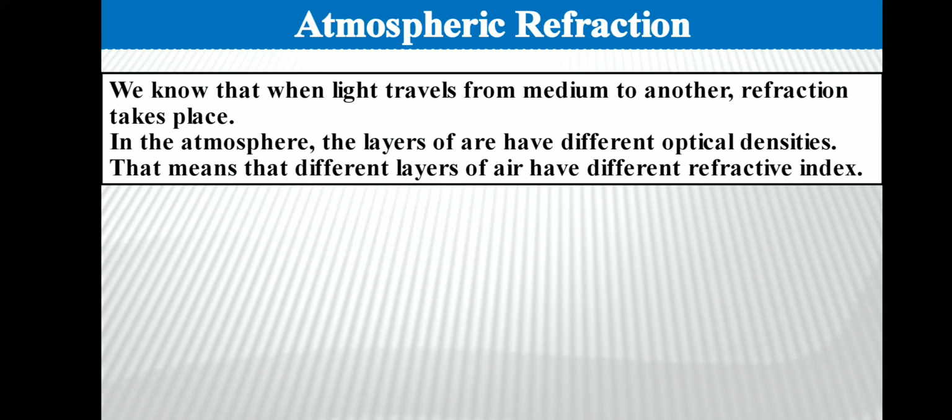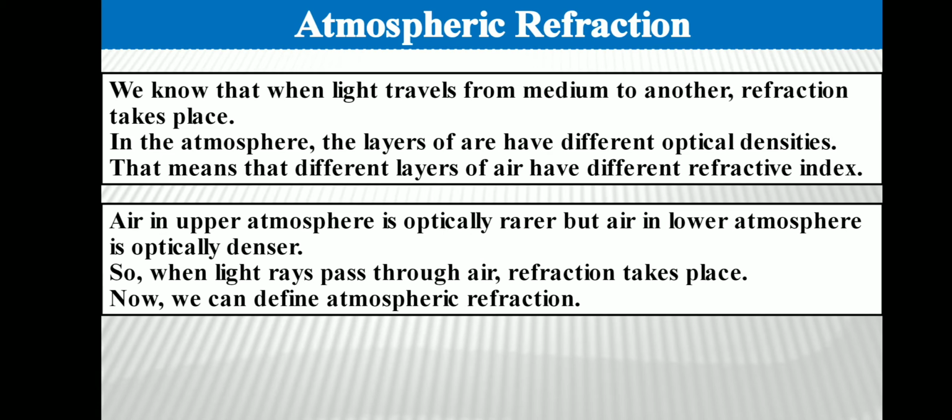In that way, the different layers of air have different refractive indices. Due to the variation of their densities, the refractive index is also different. That means the refractive index of cold air is different from that of hot air. So this is the variation in the optical densities of the different layers.